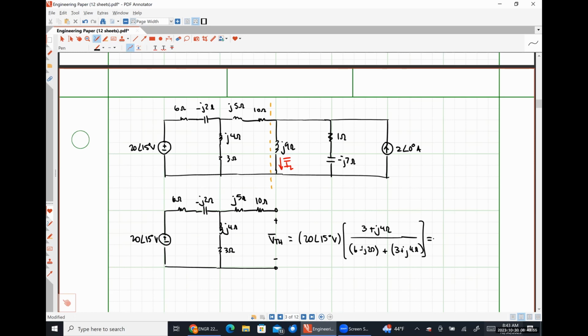So I get 20 angle 15 times 3 plus 4i over 6 minus 2i plus 3 plus 4i, close my parentheses, and I got 10.847 with an angle of 55.601 degrees volts. I'm storing that as X for what it's worth.